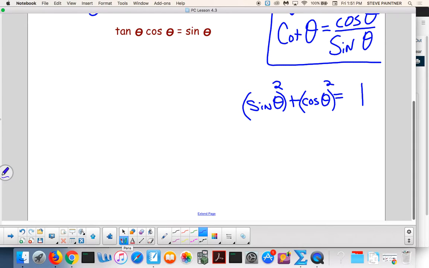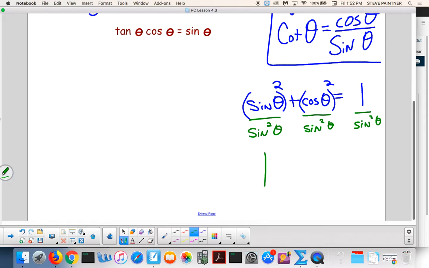Now, they came up with two more Pythagorean identities. Here's where they came from. If you divide by sine squared, watch what happens. Sine squared divided by sine squared is 1.